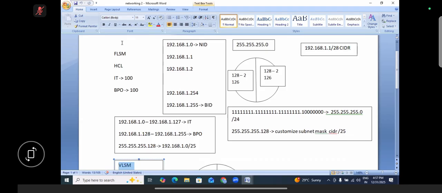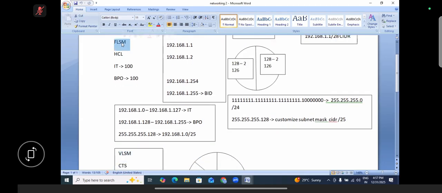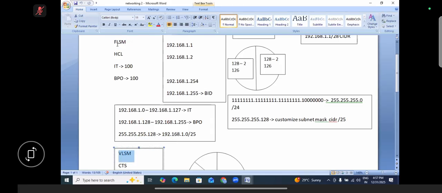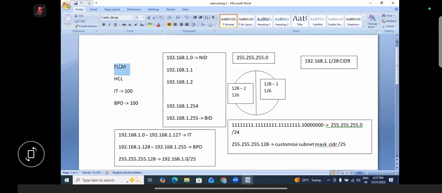Two types of subnetting, guys. One is FLSM, another one is VLSM. FLSM stands for fixed length subnet mask, and VLSM stands for variable length subnet mask. First we are going to discuss FLSM, then VLSM, right? So, fixed length subnet mask.